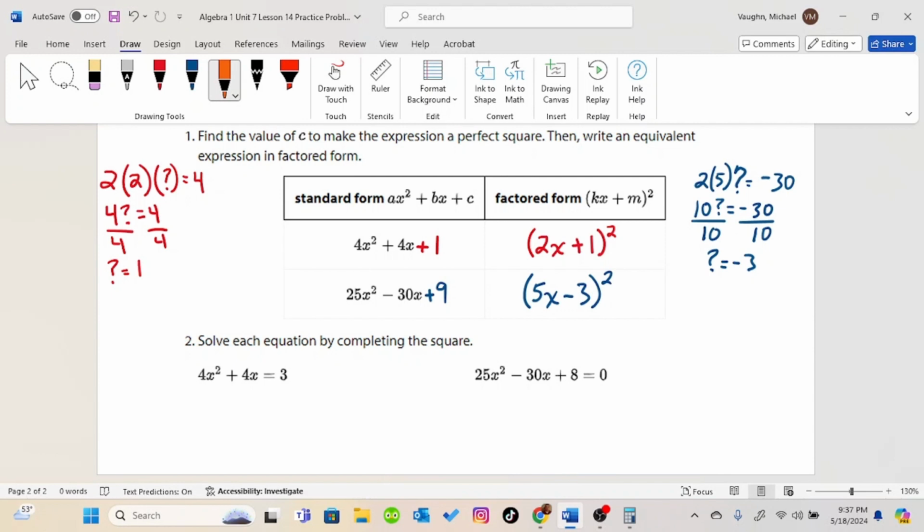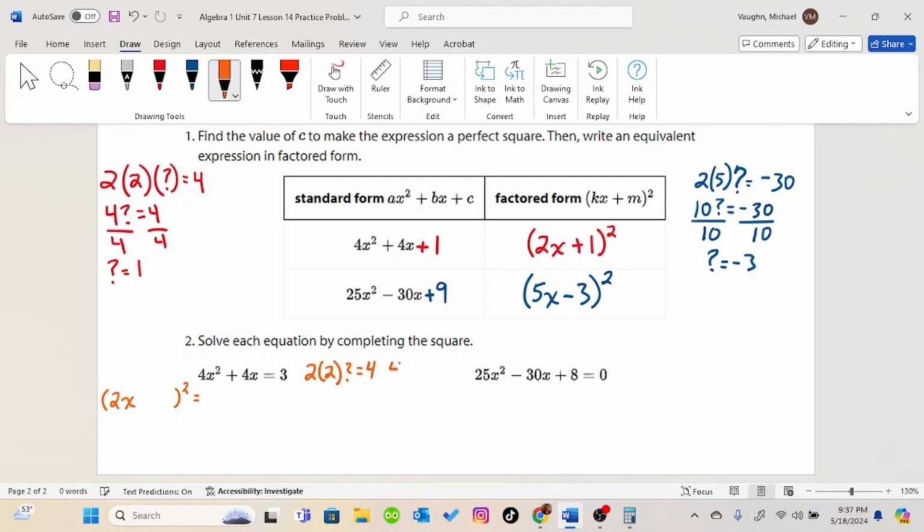Number 2. Solve each equation by completing the square. So, I know that I would have 2x as the square root of 4x squared. I know that I would need to multiply 2 times 2 times something to equal my b term, which is 4.